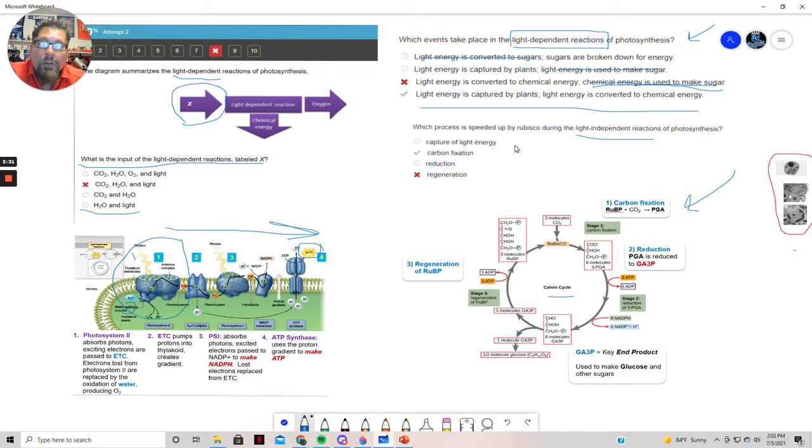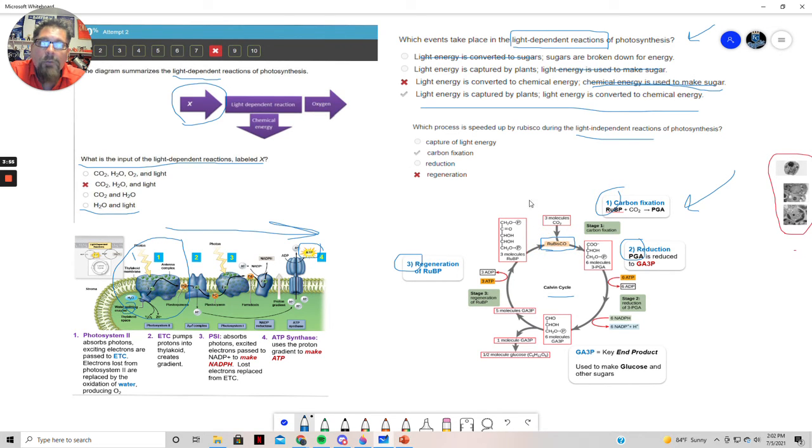Alright, so for your third question, which process is sped up by Rubisco during the light-independent reaction, or the Calvin cycle as it's better known, which has 3 sections. Okay, those 3 sections, Rubisco is right here.